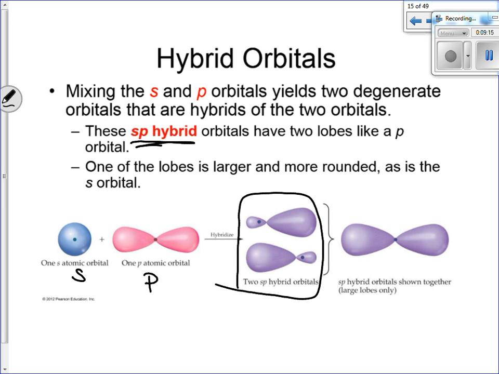It's kind of like a red and a blue make purple. You're mixing them together, and they get a new shape out of it. Kind of looks like the p if you ask me. So you're going to get an sp hybridization when it's linear.